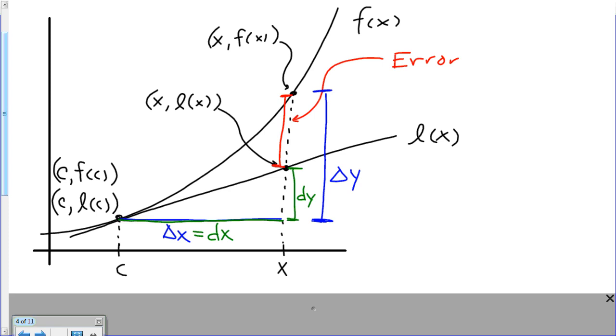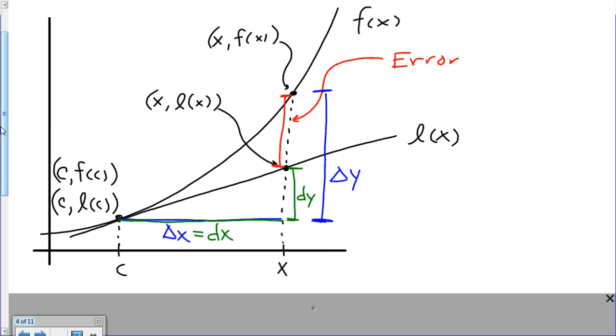This is dy. So you can see that dy and delta y are not the same. However, the closer I stay to c, the closer these two values are going to be. That's the whole idea: as long as I stay close to c, dy and delta y are very similar. As I wander further away, they're not.